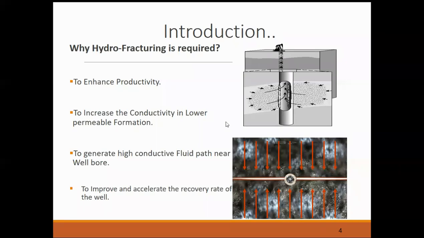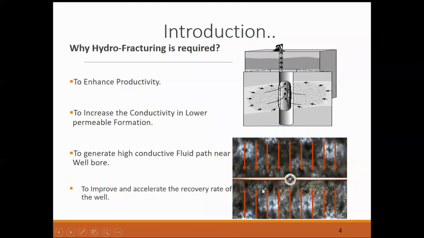The picture at the bottom right is showing the flow of hydrocarbons in a fractured reservoir. The two white lines in the center are the well, and these two white lines are the fractures. We also call them fracture wings.